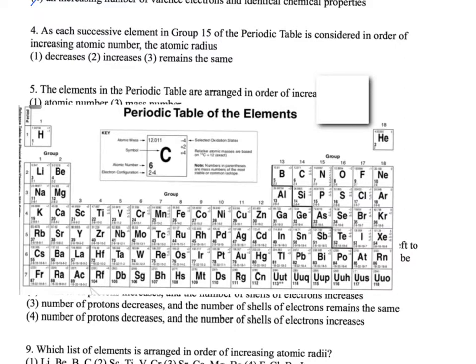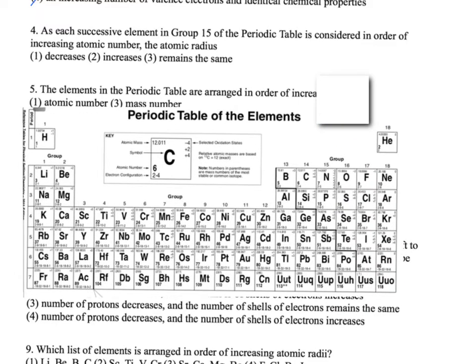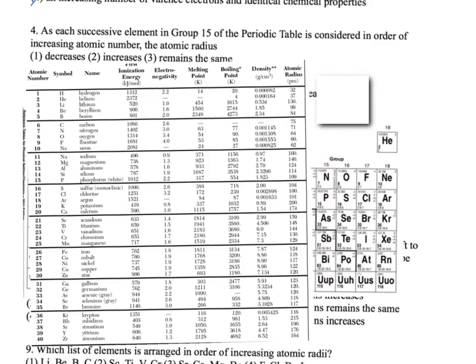Next, we're asked, how is the periodic table arranged, and what occurs with the atomic radius of group 15. So here's group 15. Here we're looking for atomic radius.